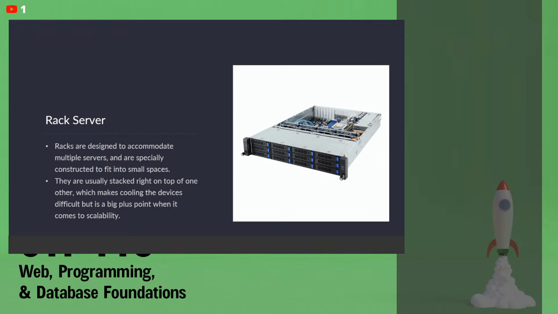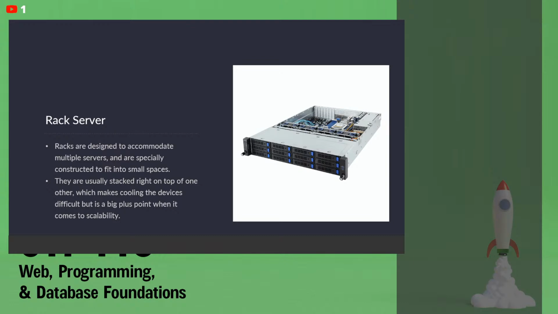When we hear it said that something is rack mountable, it means it's able to be basically screwed into a rack. And so these rack servers are rack mountable. They're servers that are able to be screwed into a rack, and they are built in such a way that the form factor can accommodate everything that it needs.